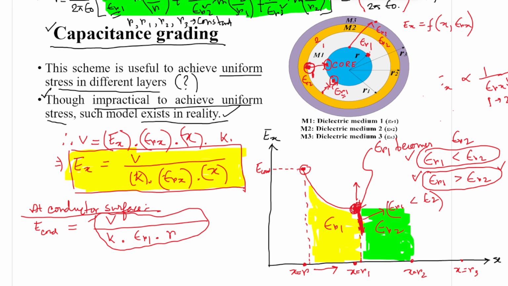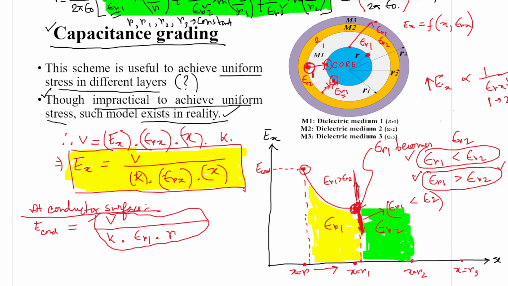As the denominator reduces, the result will go up. So in this case you will experience a sharp rise when epsilon R1 is greater than epsilon R2.